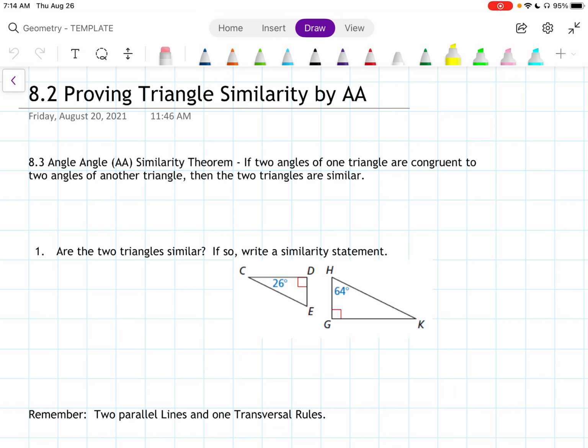So this is a shortcut for similarity. Originally, what we needed for similarity is we needed to know that all angles were congruent, all angles had a partner, and then we also had to know that all sides were proportional.